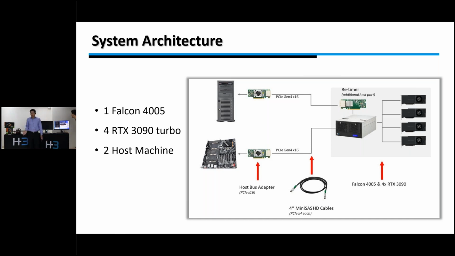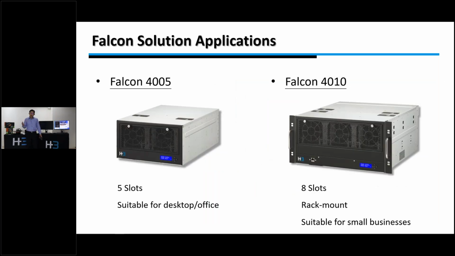We use the Gigabyte workstation to run the 3D map, and then we assign the 1 GPU from the Gigabyte workstation to the Supermicro server. Then we use 4 RTX 3090s to run the V-Ray testing. It's very easy and fast to reassign the GPU by using the Falcon 4005 and the Falcon 4010.